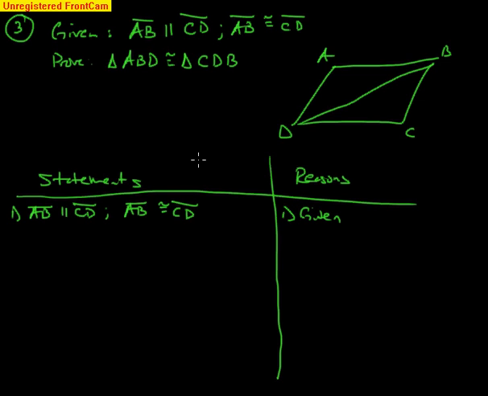And let's see what we can mark. Well, we can mark lines parallel. AB is parallel to CD. We can also mark that segment AB is congruent to segment CD. And now notice, there's one of our sides. So if we look at our four ways, side, side, side, side, angle, side, and angle, angle, side, each of them has at least one side, so they're all up for grabs.